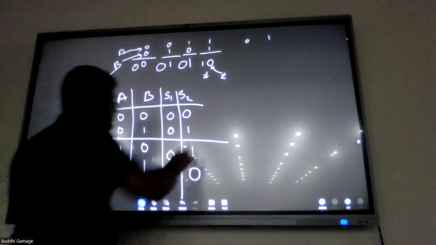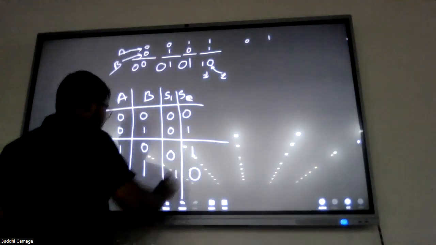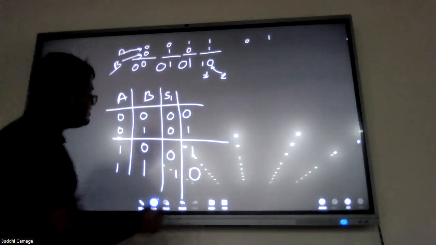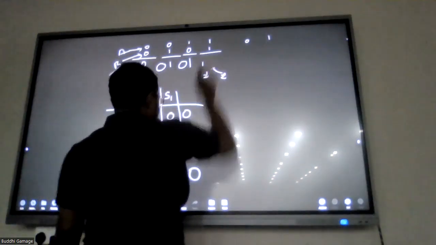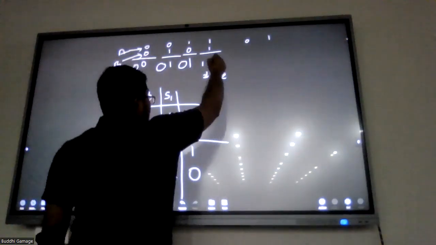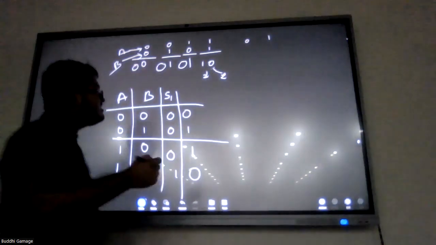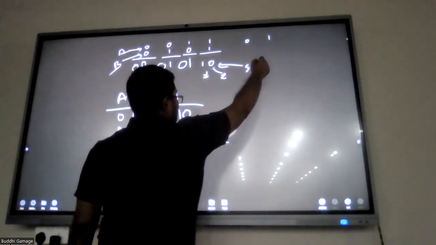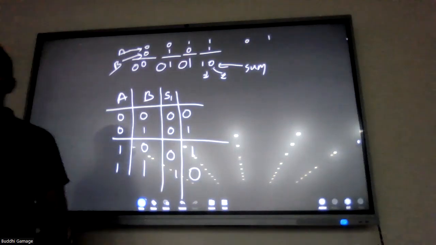Actually, we can say this large bit is the sum, the actual sum, when you are adding.